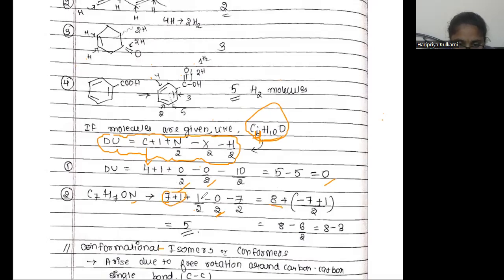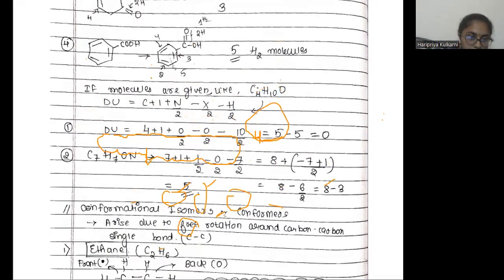This 8 plus 1 by 2 minus 7 by 2. So we'll get 8 minus 6 by 2, that is 8 minus 3. So here we will need 5 molecules, that is the degree of unsaturation is 5. Coming to the next topic, that is conformational isomers.